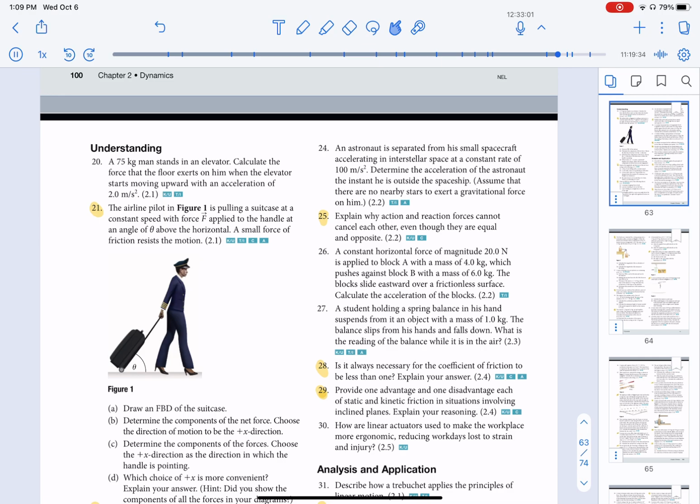So, force applied plus force of gravity minus the static friction. Yeah, good. All right, so we have a net force equation that looks like this.